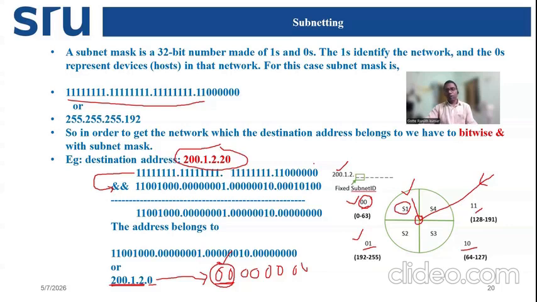So this is about the importance of the IP address, what the IP address is, what the structure of the IP address is, what the advantage of subnetting is, and what the advantage of a subnet mask is.